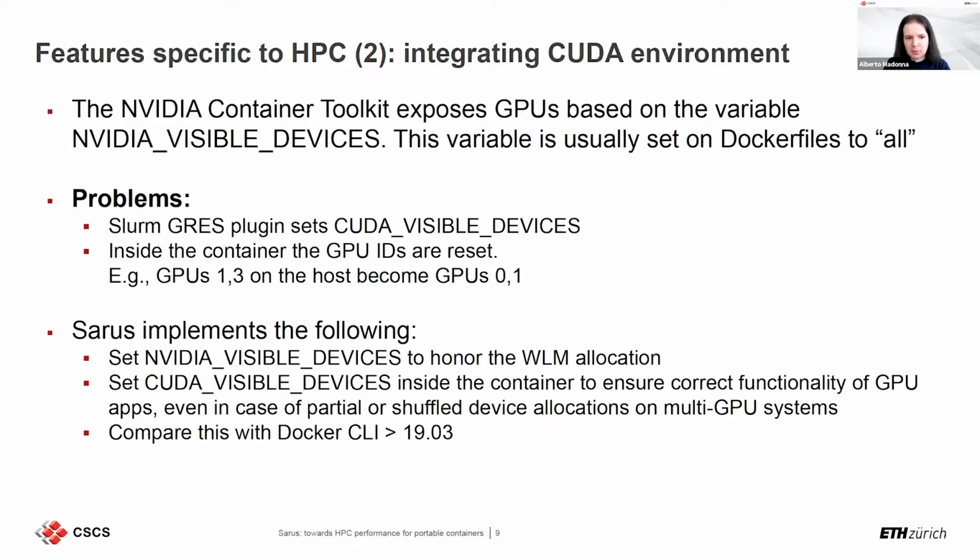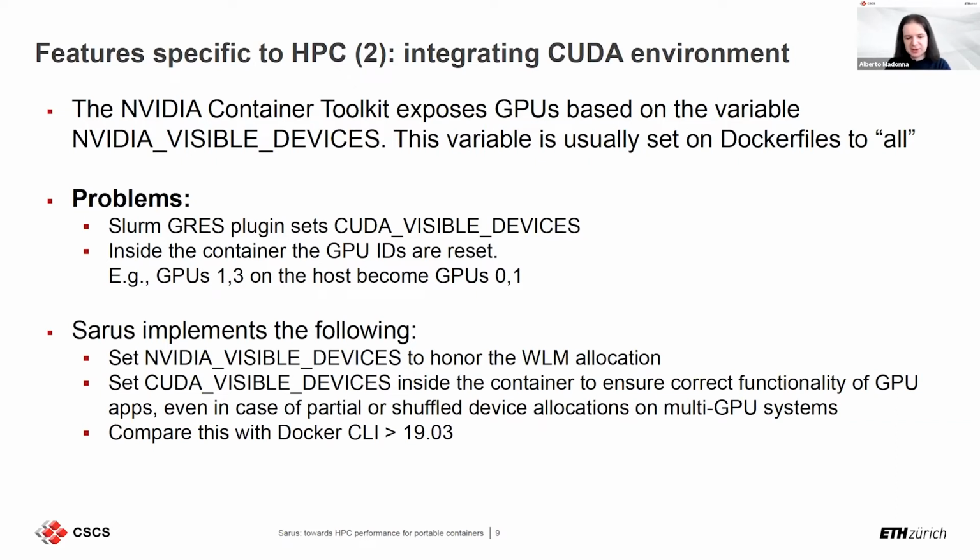However, some workload managers, for example Slurm, when using the generic resource scheduling plugin, already allocate GPU devices to the jobs on their own and set the corresponding environment variables.